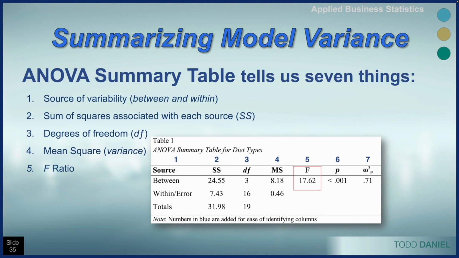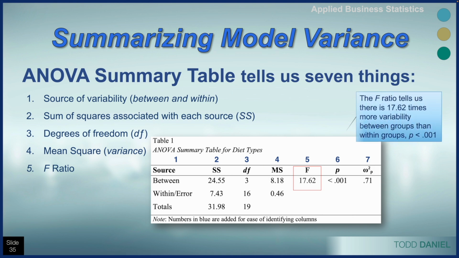We have variance between and variance within. We're going to divide those. That's where the ratio comes from. So our F value, in this case 17.62, that is 8.18 divided by 0.46. And what that tells us is there is 17.62 times more variability between than there is within. So that's way over the fence.